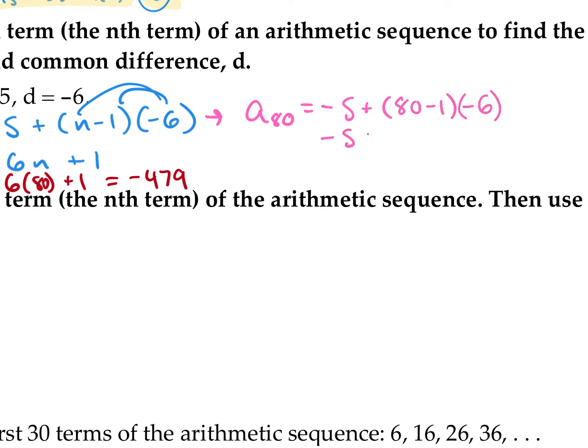So this would be negative 5 plus 79 times negative 6. I don't have a calculator, but what's 79 times negative 6? Negative 474, and then minus 5.